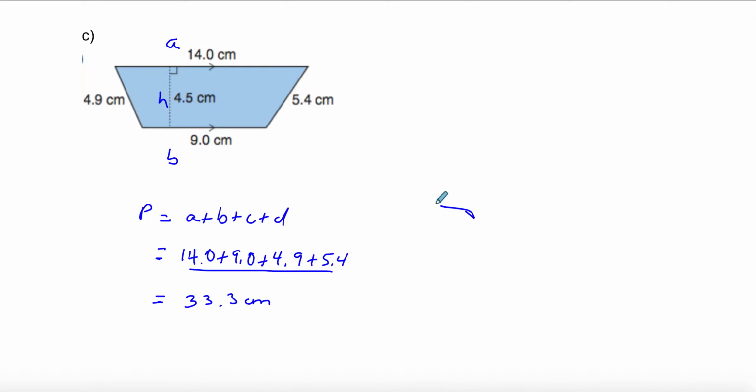The area for a trapezoid from your formula sheet is A plus B, in brackets, times H, divided by 2. So what that means is you take the top and the bottom of the trapezoid, the 14 and the 9, and multiply it by the height of the trapezoid, which is 4.5.